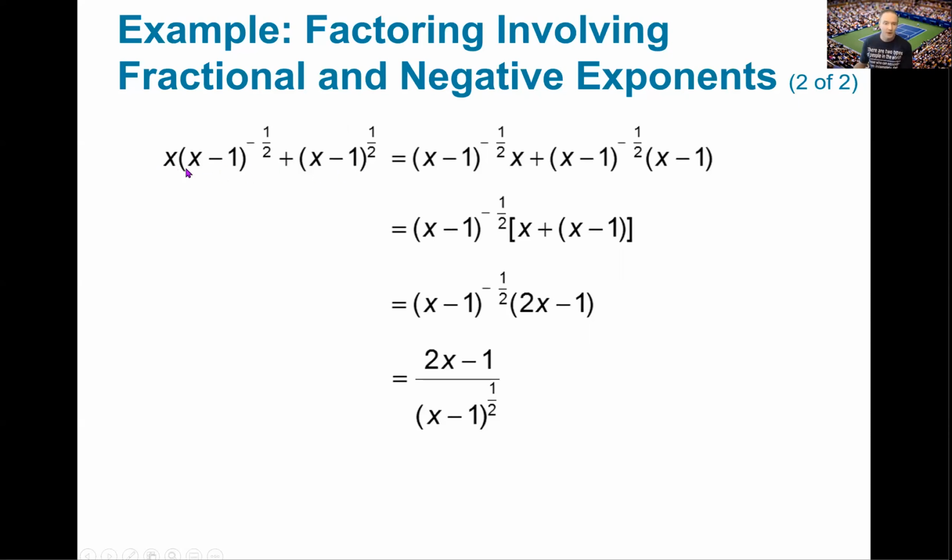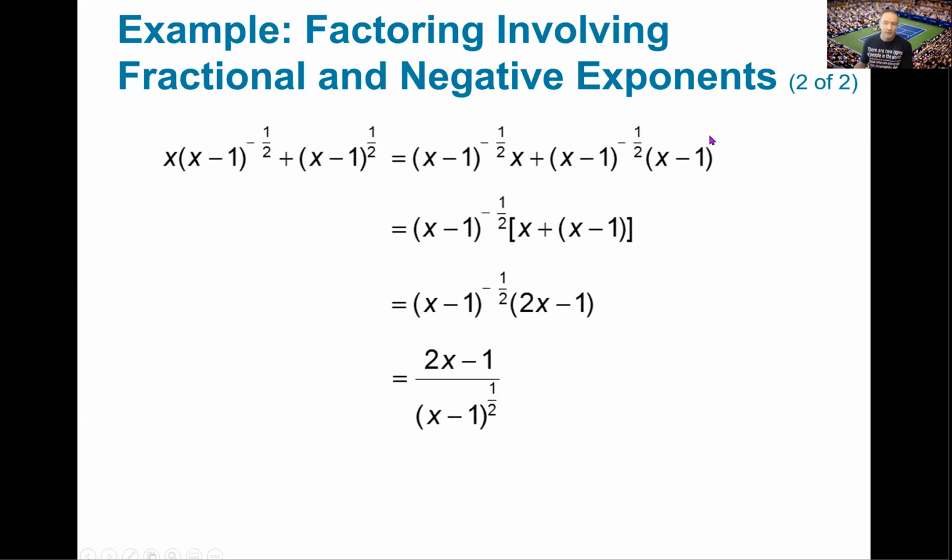So this is the problem I originally gave you to factor. The first term already had the expression x minus 1 to the negative 1/2 that I was going to factor out along with that x. Now the second expression, I want to factor out an x minus 1 to the negative 1/2. Well, it was x minus 1 to the positive 1/2.